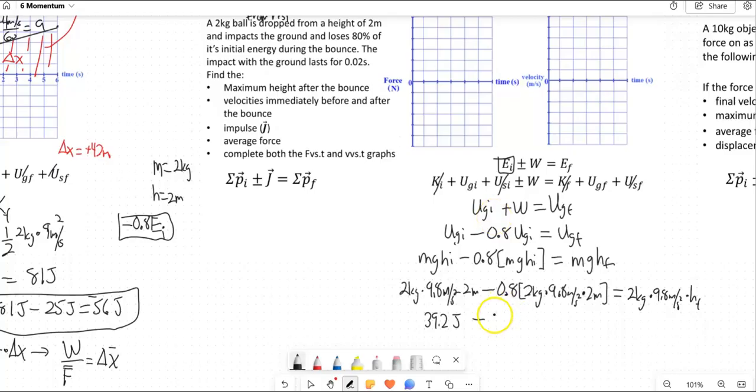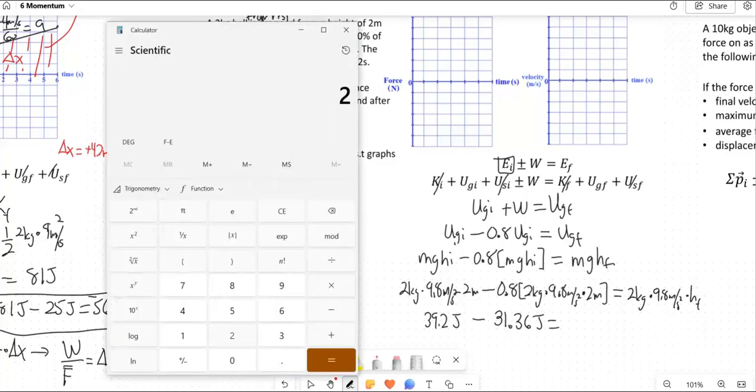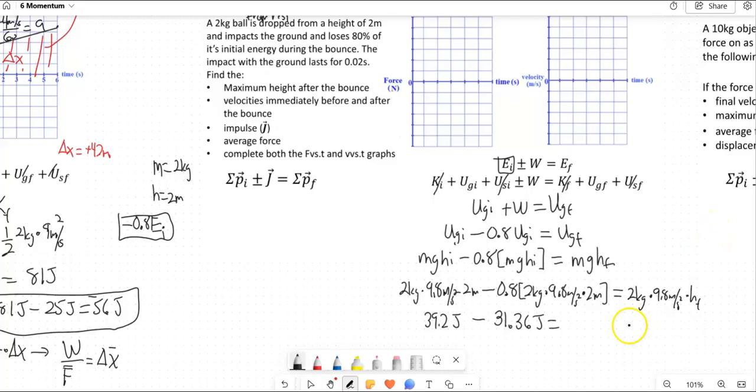So we're going to lose 31.36 joules from the original 39.2, and that is equal to 2 times 9.8, 19.6 newtons. This is the weight of the object right here, so that's 19.6 newtons times the final height.